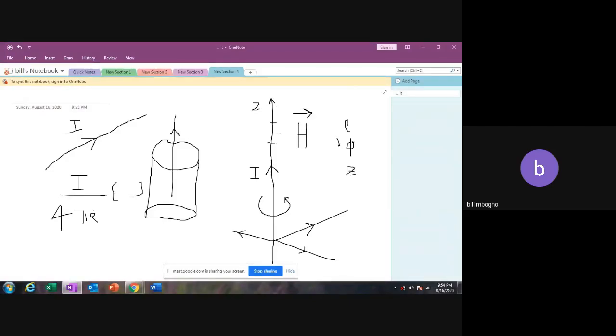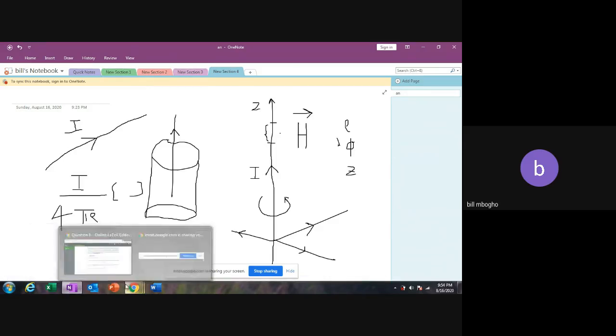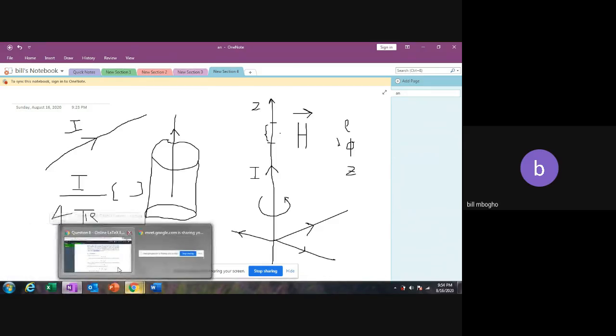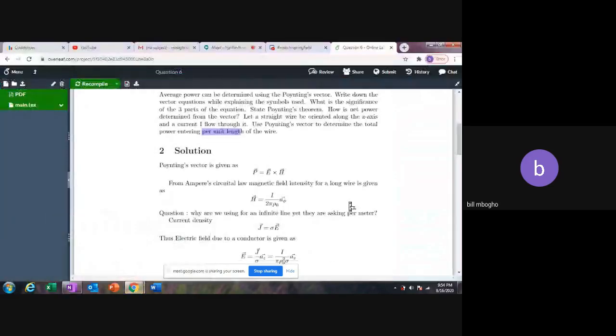Yes, we are calculating power for this section only, but H for this section is caused by the whole line. So that's why we use the formula for the infinite line. I hope that's clear.